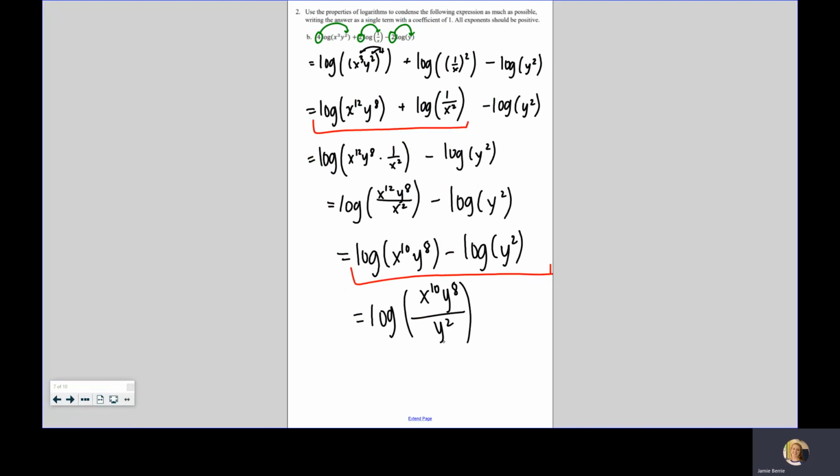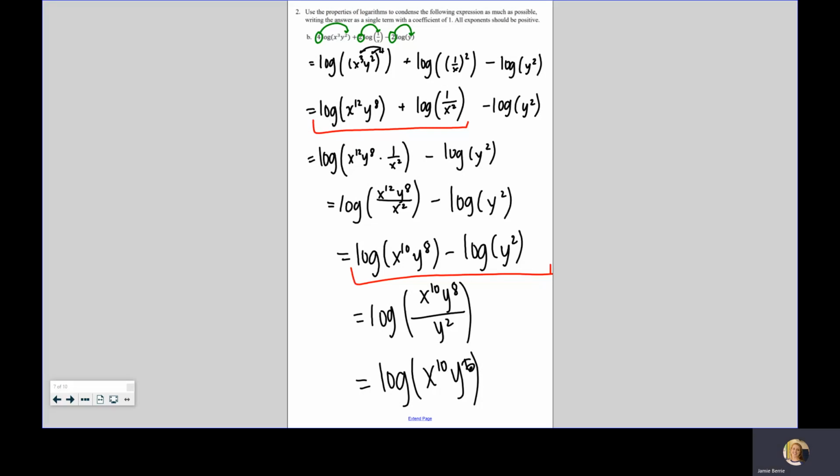Go ahead and combine like terms. We have 8 y's, take away 2, that means we have 6 left. So we have x to the 10th, y to the 6th. Perfect, and that's it. We've condensed this down into a single logarithm. We've got a coefficient of 1, and our exponents are positive.